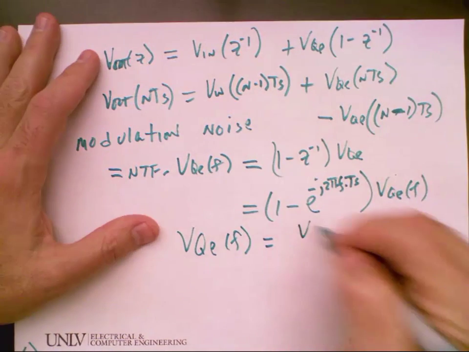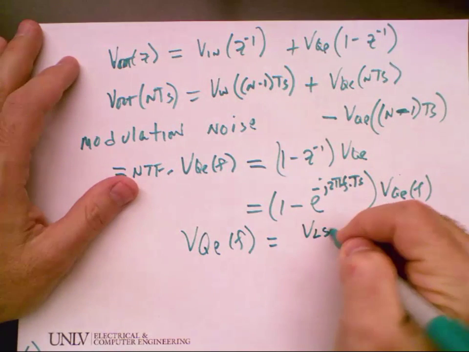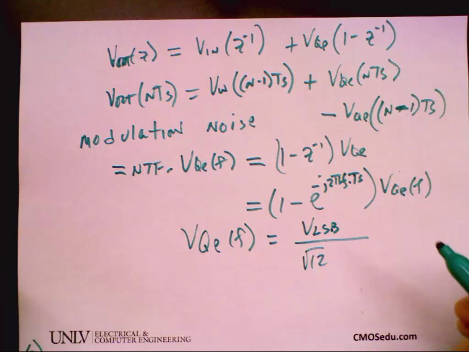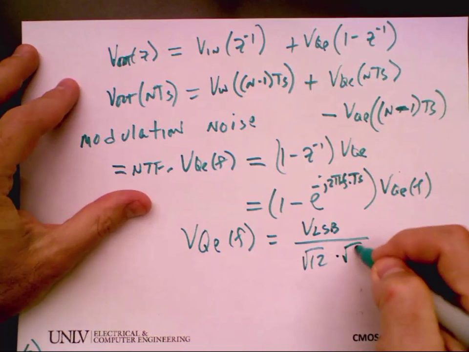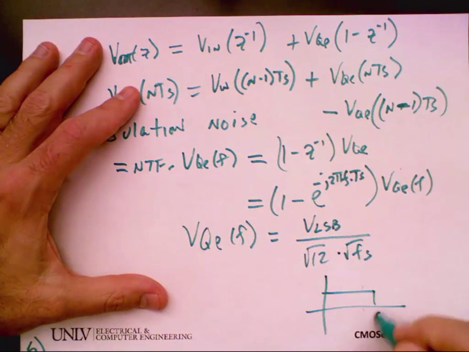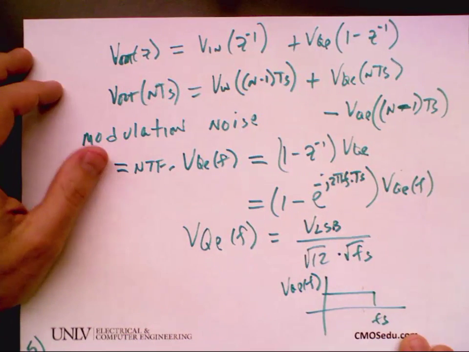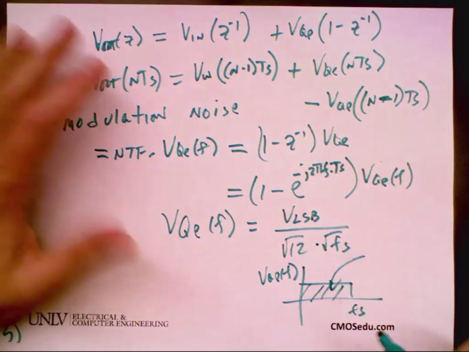Yeah, it's VLSB. Well, let's do voltage spectral density. VLSB over... Is that it? And what's the assumption there? So everybody, all the noise is there, just out of sanity. What does that integrate to?